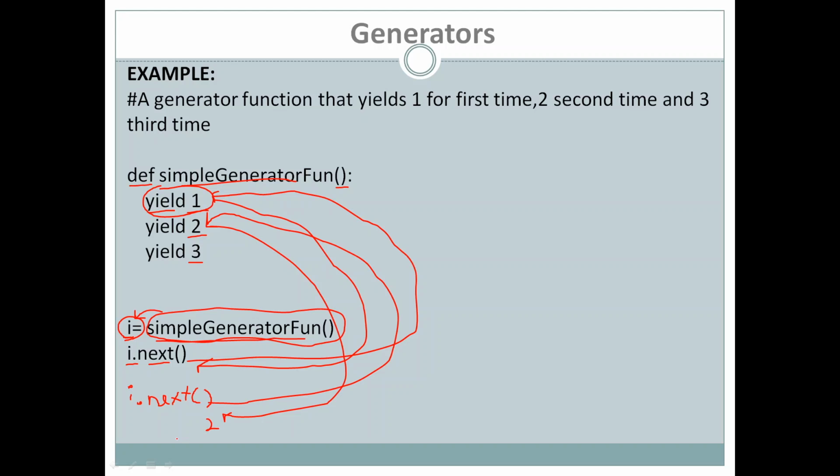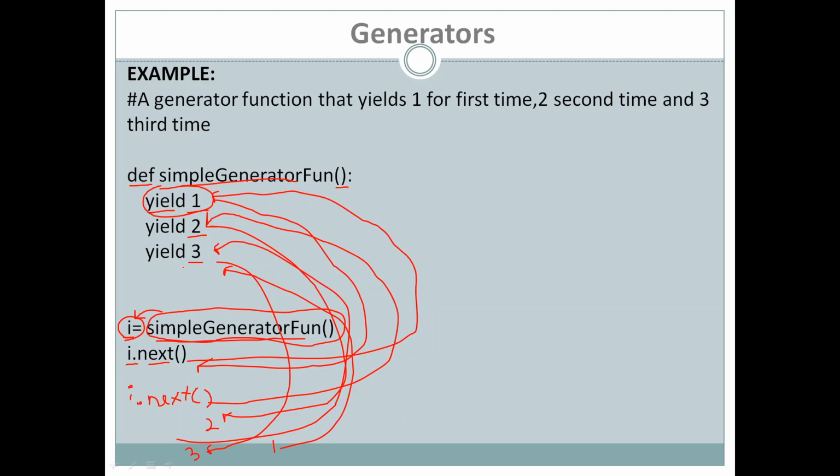If you try to call i.next again, it will again execute the next statement. The next statement is yield 3 and the value is returned back. The value which is returned here, now it is 3. Okay, if you try to call i.next again, this time it again tries to call the function, but there are no other yield statements inside the function.